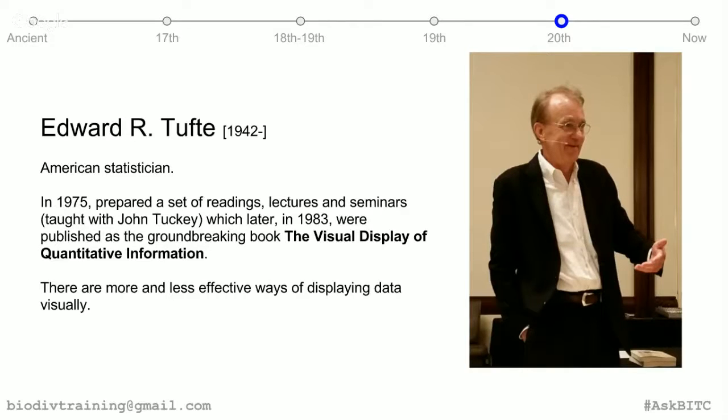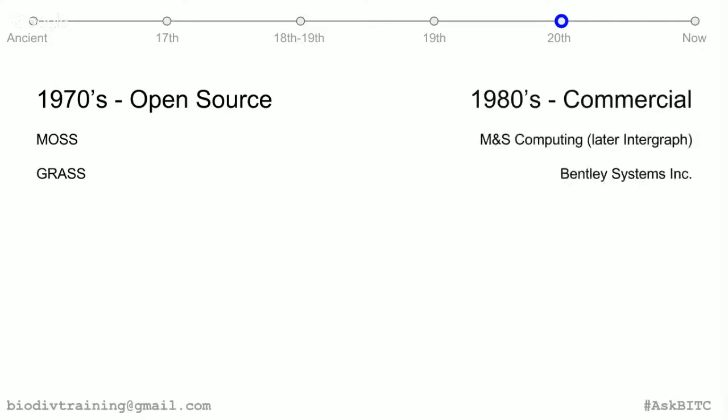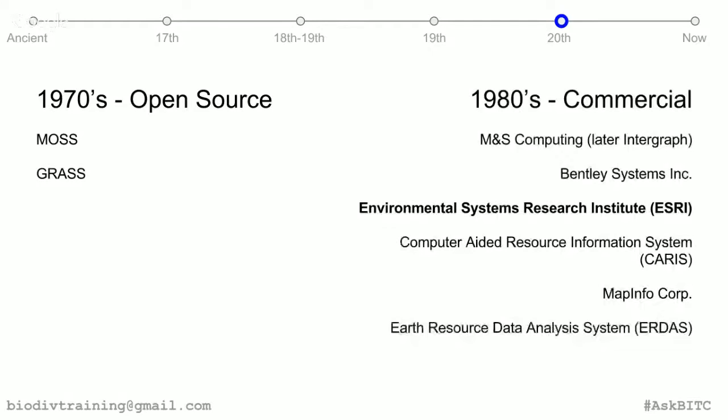During these years, and going back to GIS land, with the first commercial GIS software released, several different initiatives are created that develop and offer their own GIS programs. During the 70s, we see the creation of two key open source GIS programs, MOSS and GRASS.